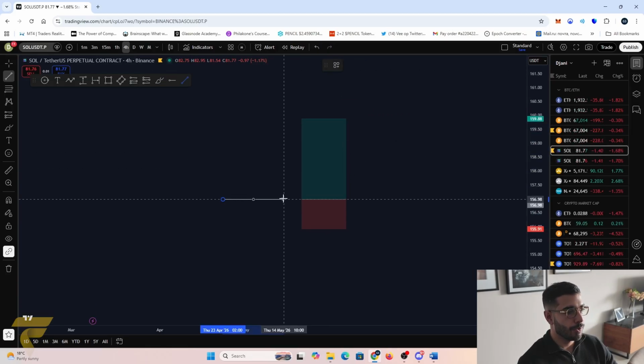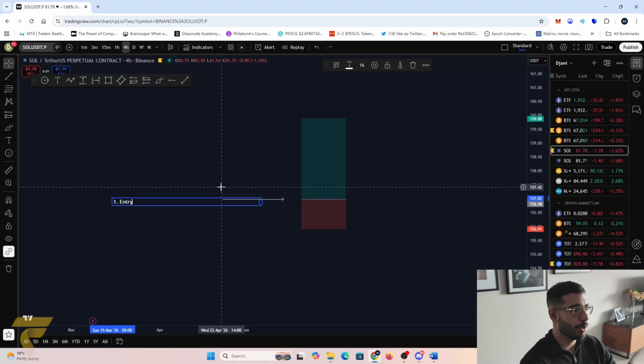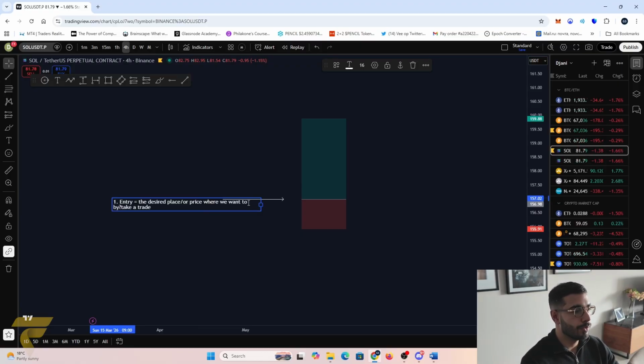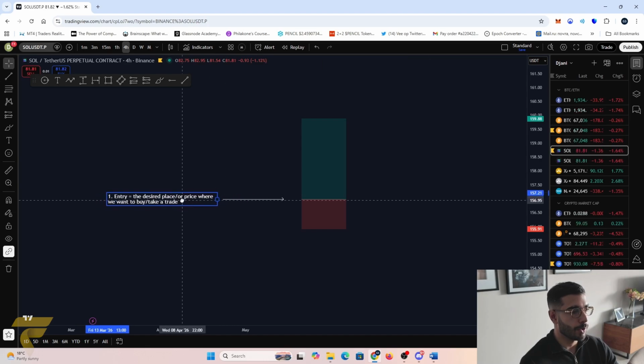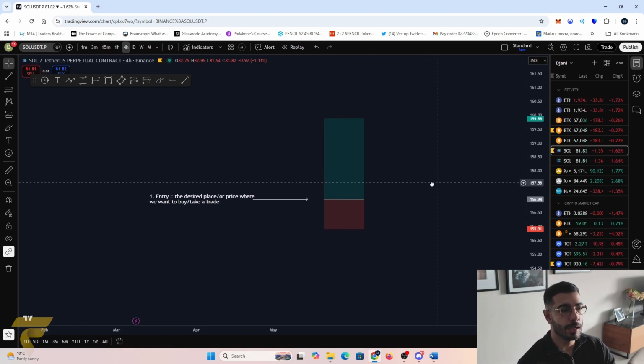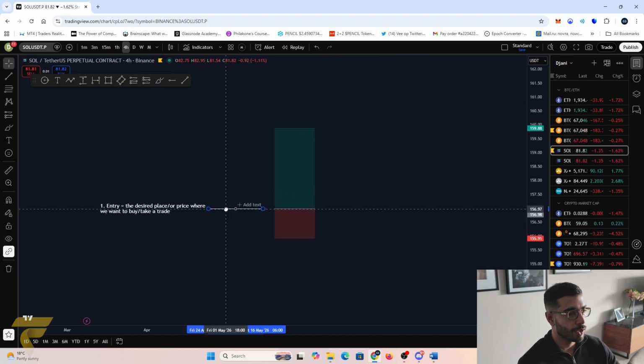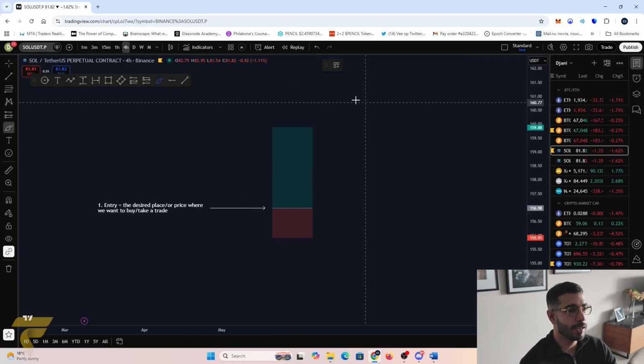First of all, it's very easy to understand, which is your entry. This is the desired place or price where we want to buy or take a trade. Hypothetically speaking, I'm just going to draw some price action, invented out of nowhere.